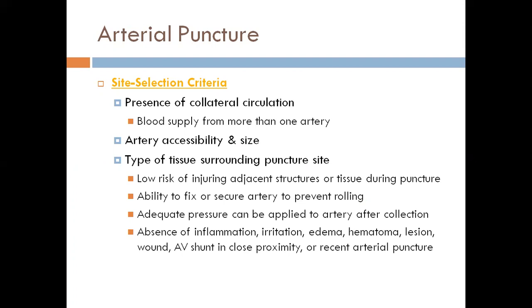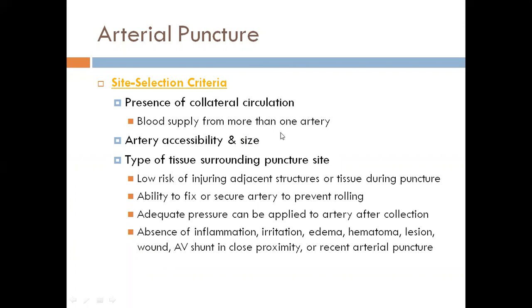Okay, so site selection criteria include, number one, there should be presence of collateral circulation. This is considered the primary site selection criteria, meaning sa lahat ng criteria na ito, ang una mong titignan is if there is presence of collateral circulation. Okay?